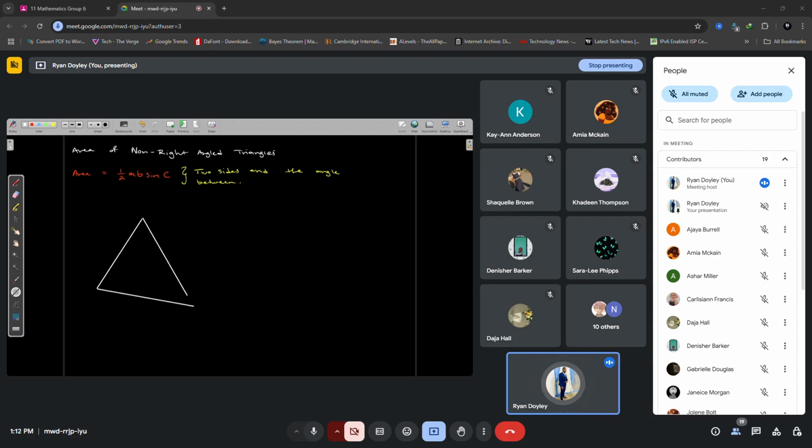So we're given a triangle here, and this is our A, B, C. So let's say we were told that this side measures 15 centimeters, 17 centimeters, and this angle here is 42 degrees. We're required to find the area of this triangle.